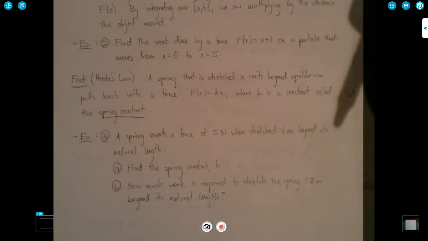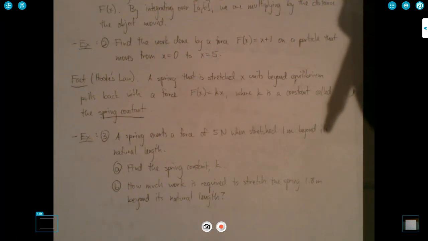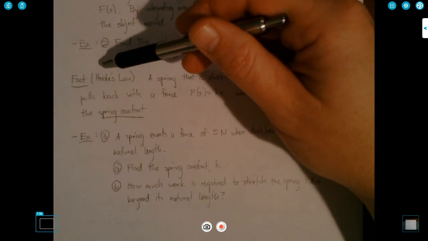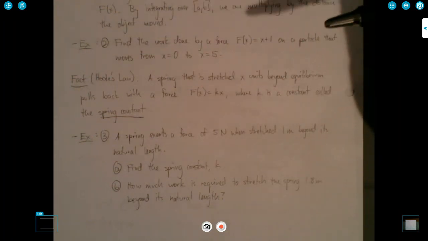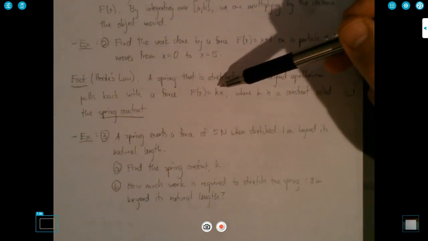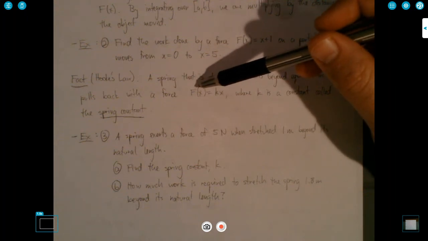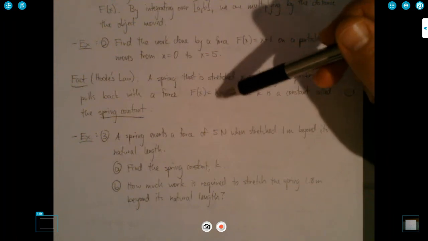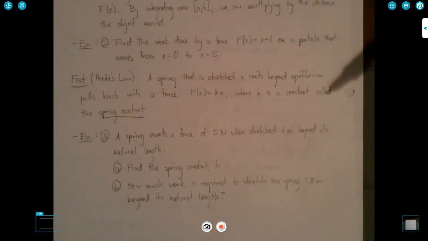It depends on how thick the spring is, what material it's made out of, things like that. But what's interesting, and what Hooke showed, is that the force required to pull a spring at any given distance is directly proportional to the distance that it's pulled, right? So it's not inversely or something like that. It's directly proportionate.